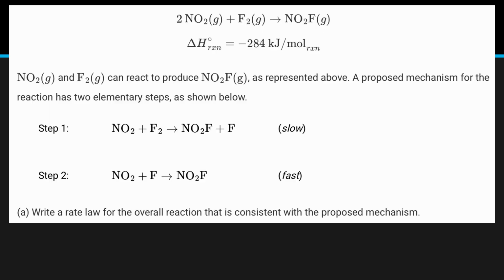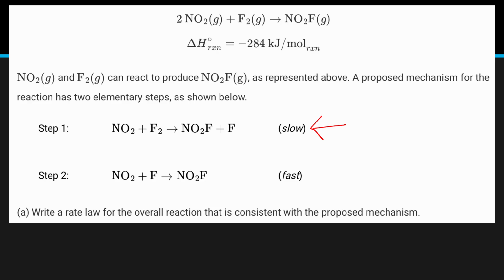All right, so this free response question says NO2 and F2 can react to produce NO2F as represented above. A proposed mechanism for the reaction has two elementary steps as shown below. Write a rate law for the overall reaction that is consistent with the proposed mechanism. So we remember that the rate law with elementary steps is going to be based off of our rate determining step, which is the slow one.